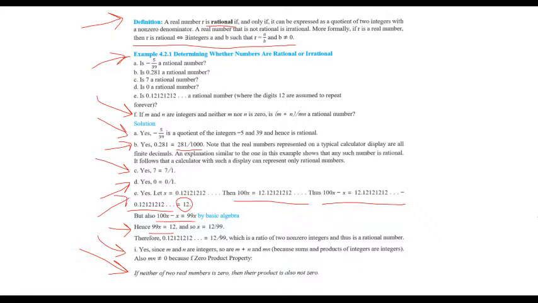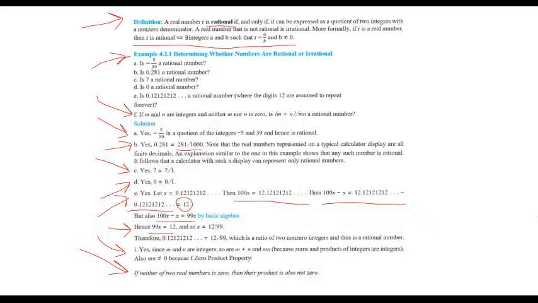We consider this property as a fact, and we are not going to prove this, but just keep in your mind that if you have two real numbers and none of them are 0, then their product will not be 0.